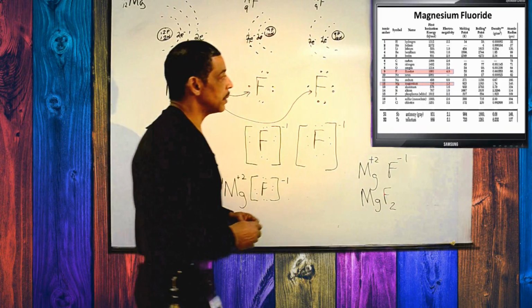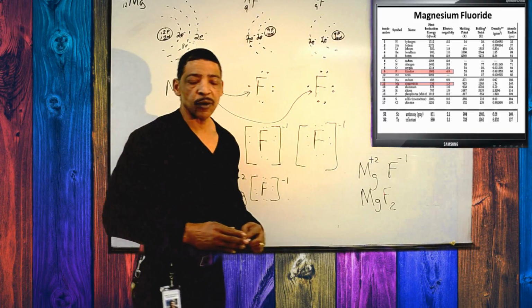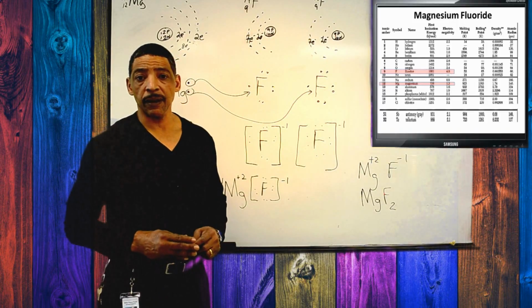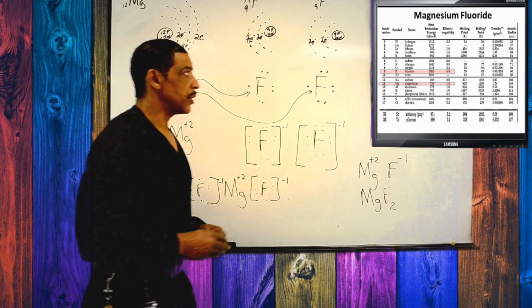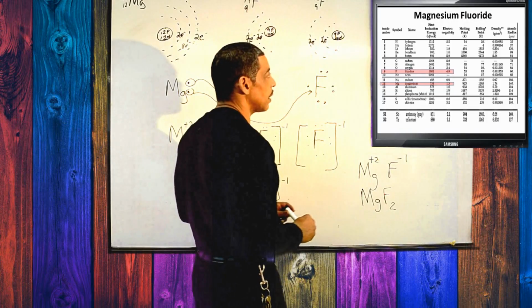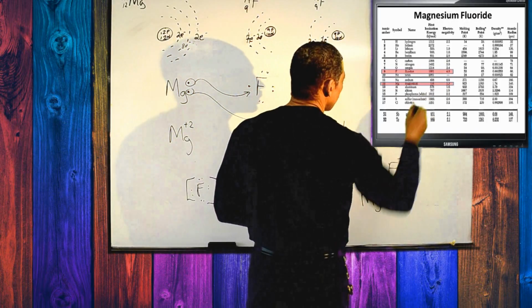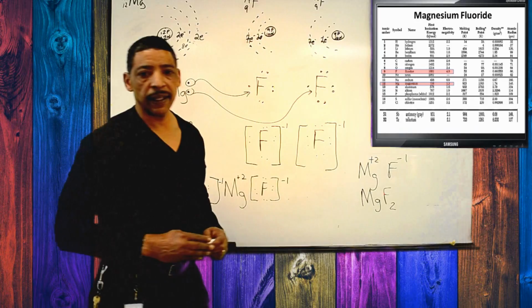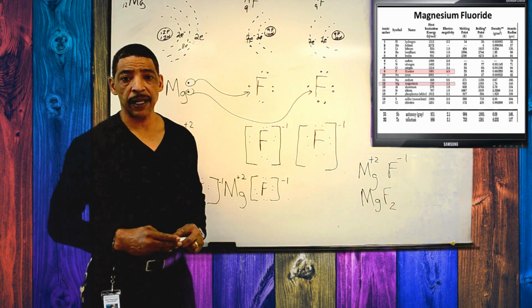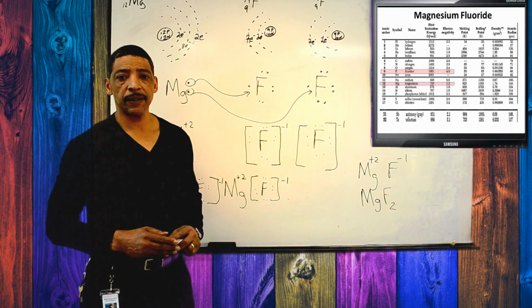For fluorine, the electronegativity is 4.0. Subtracting 1.3 from 4.0 will yield a difference of 2.7. And 2.7 is greater than 1.7. Therefore, the compound magnesium fluoride is indeed classified as an ionic compound.